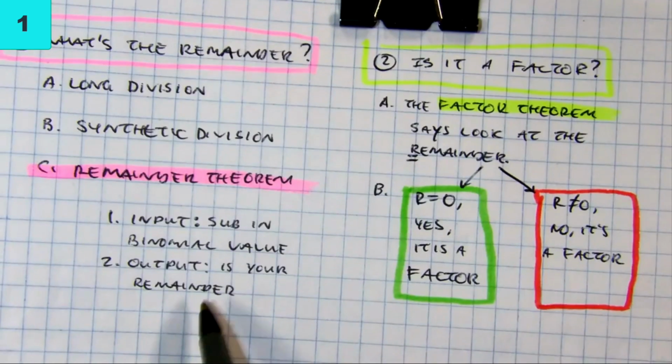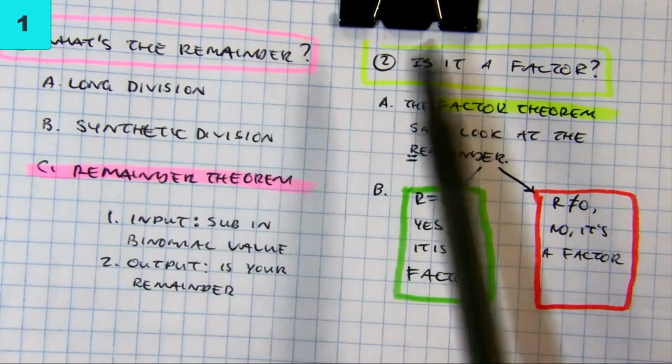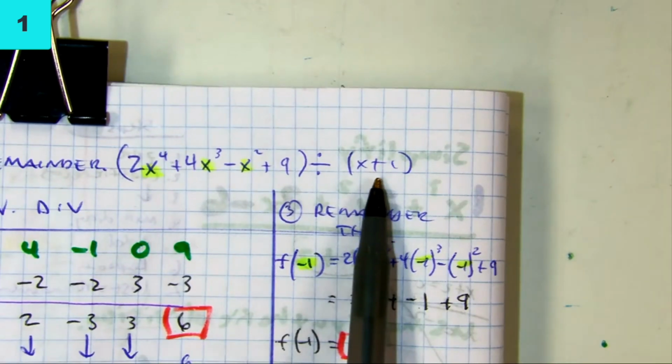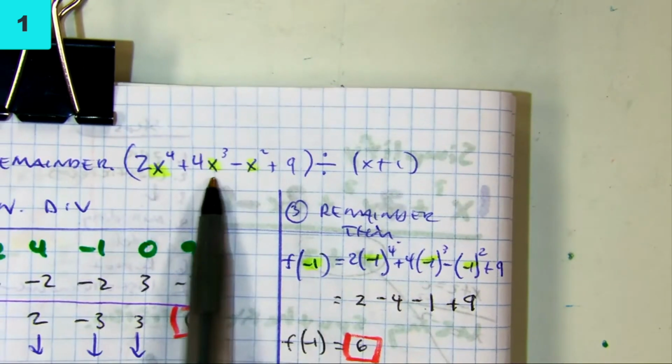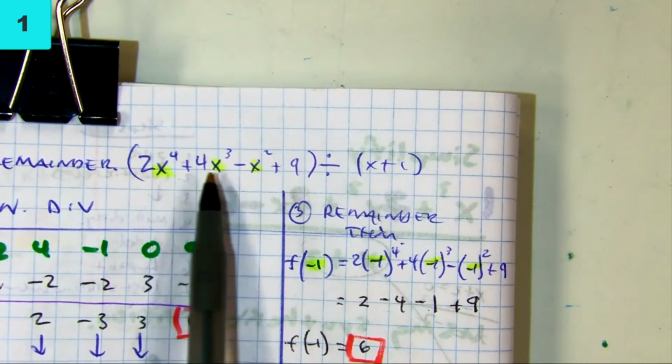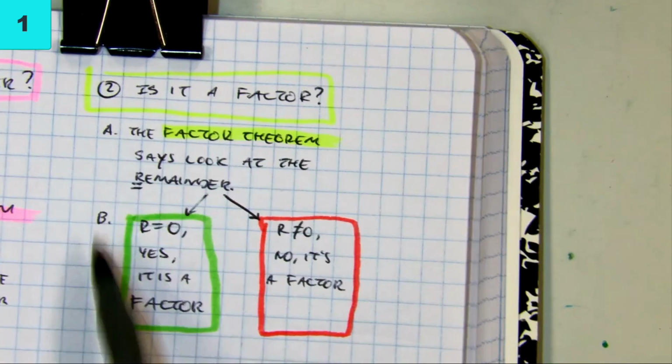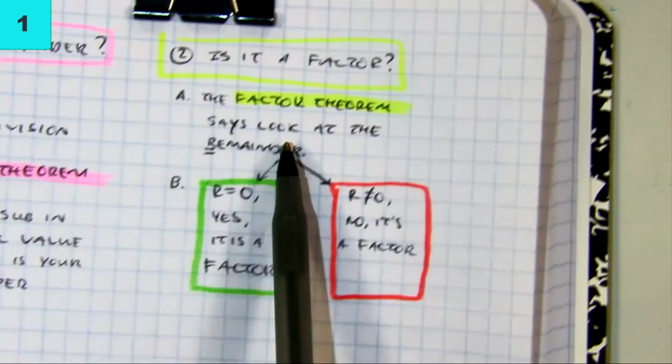Well, these two are actually connected. The question is, is it a factor? Is this where it crosses the x-axis for this graph? Easily you can just put it into your graphing calculator, but you're doing this algebraically, so what do you do? The factor theorem says look at the remainder.